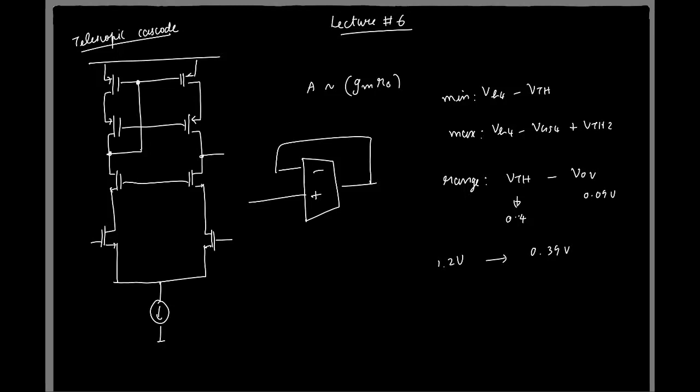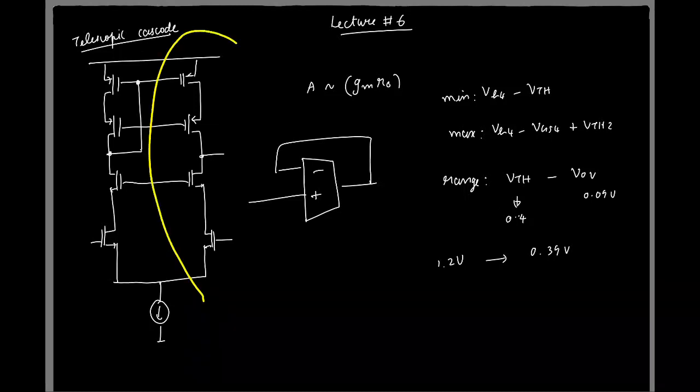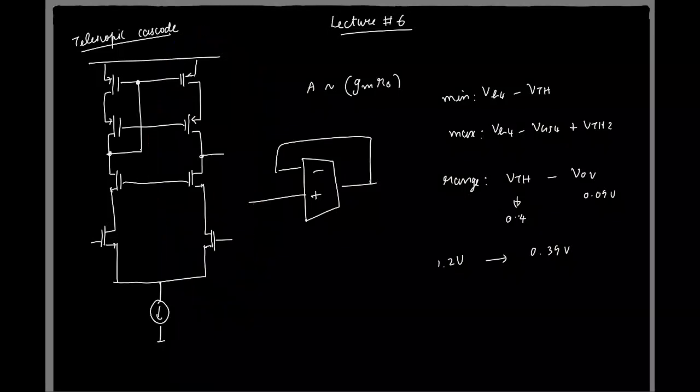Okay, great. So in this class, we'll look at another variation of this cascode implementation. Okay, and again, we'll start with a single-ended circuit because we know even for the telescopic cascode, we started with this fellow, and then we made the differential. So we'll do the same thing. And in the telescopic cascode, we have the NMOS acting as the current source or the VCCS.